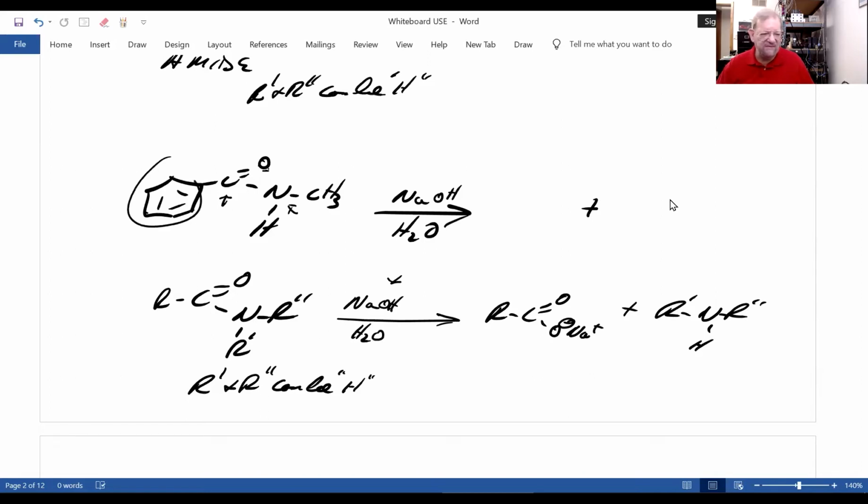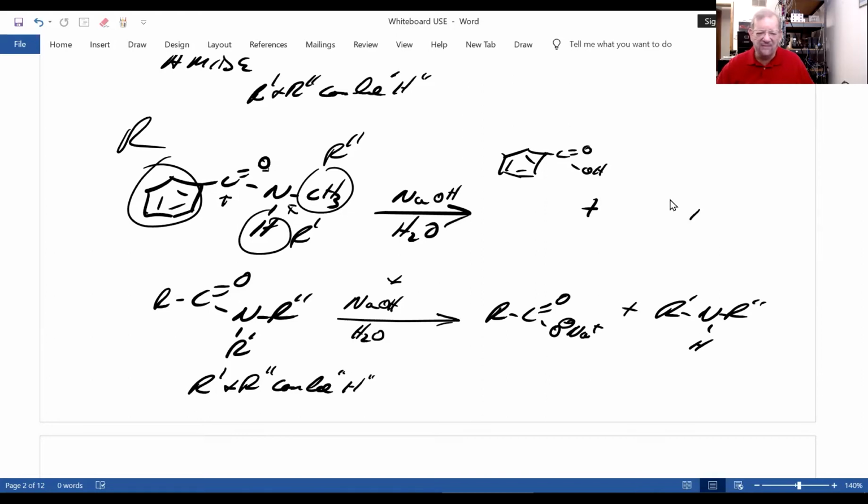And if we look here, that's R. One of these I call R prime, the other R double prime. So my carboxylic acid would be benzoic acid. And then my amine, one of the R groups is methyl, the other is hydrogen, and I'll add one more because amines have 3 bonds to nitrogen. And you could have also written it this way. And that's how you do it.